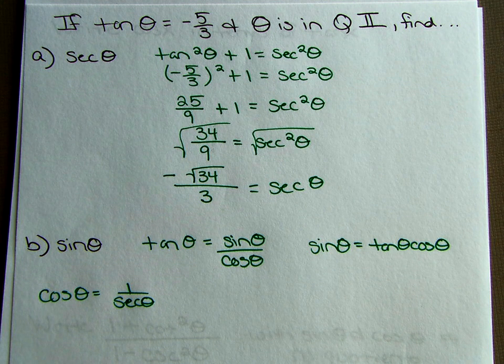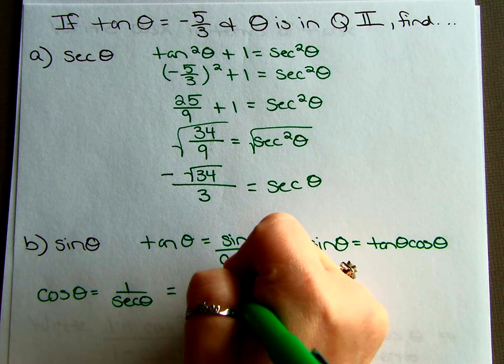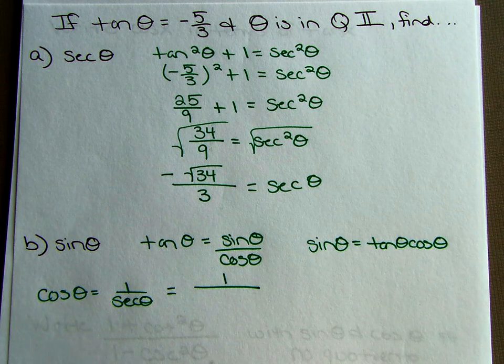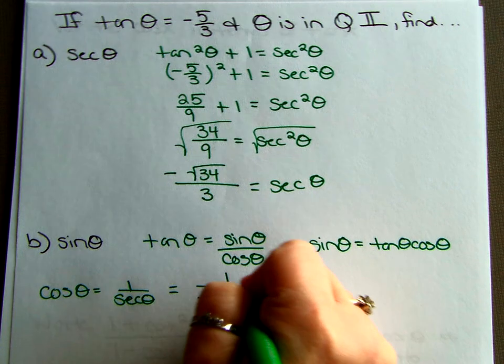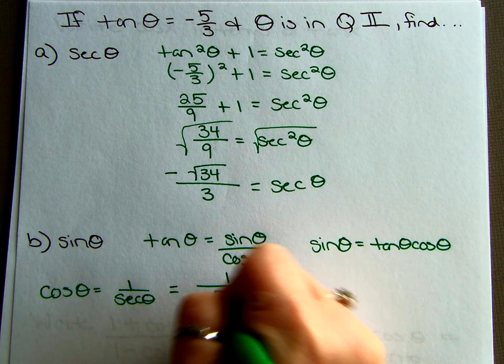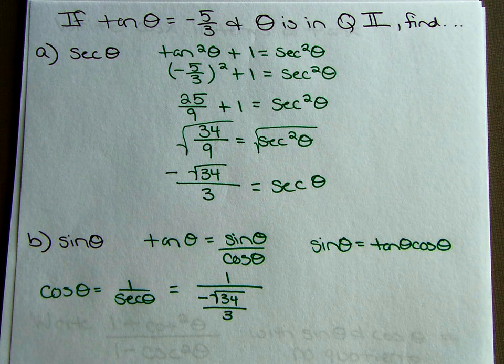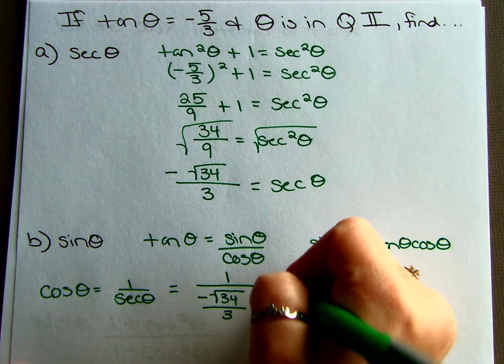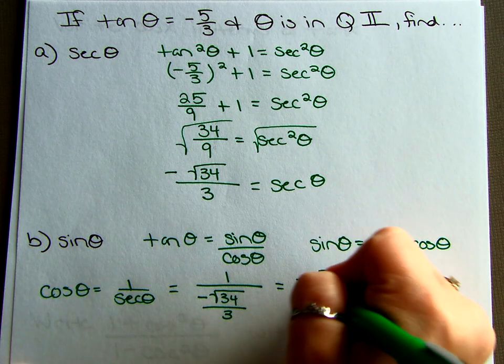So we can use that to determine what our cosine theta is, which will then help us figure out what our sine theta is. 1 over secant theta, well, we just found out that was negative the square root of 34 over 3. And you're like, well, that's gross. Yes, it is. But don't freak out, because all we have to do is flip it to bring it up so that it's negative 3 over the square root of 34.